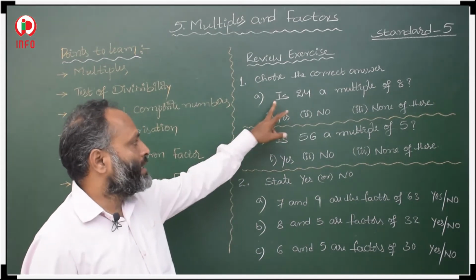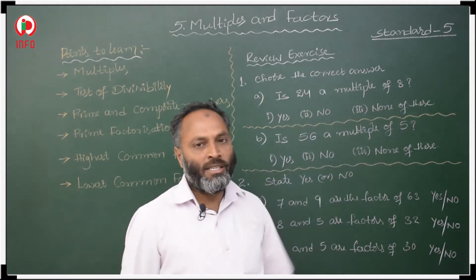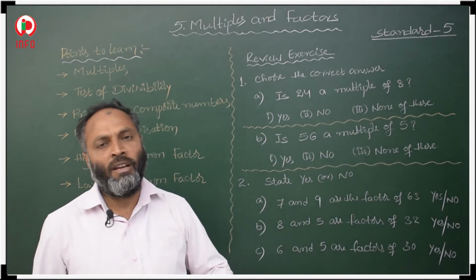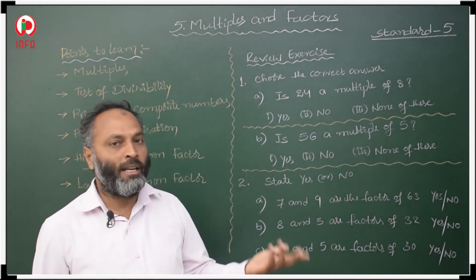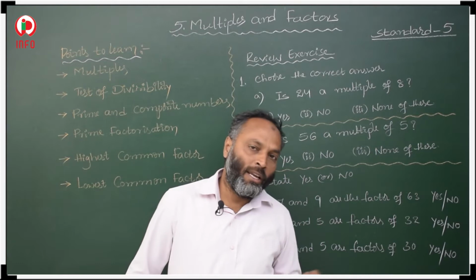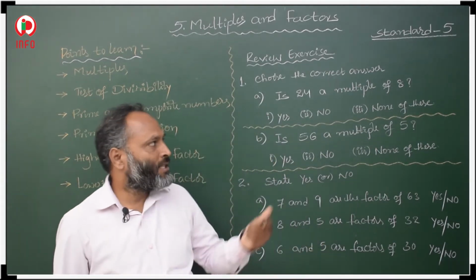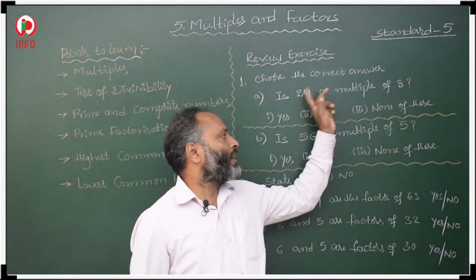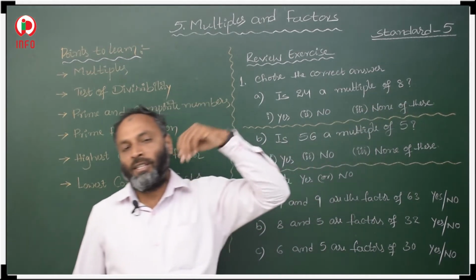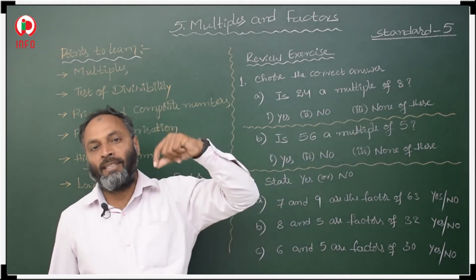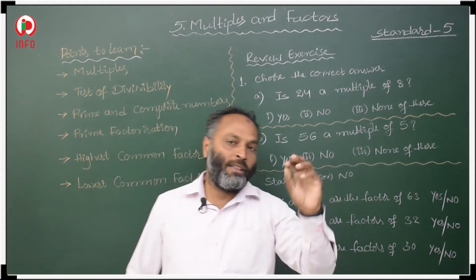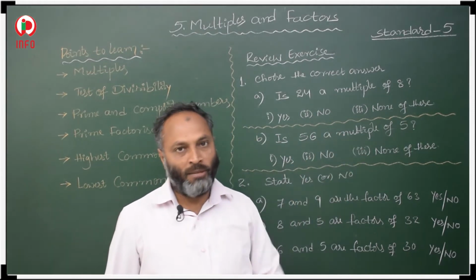First question, is 24 a multiple of 8? How to say whether the given number is a multiple of another number or not? So we check whether 24 comes in the 8 table or not. If it is there in the 8 table, it means 8 exactly divides 24, then it is a multiple. Otherwise it is not a multiple.